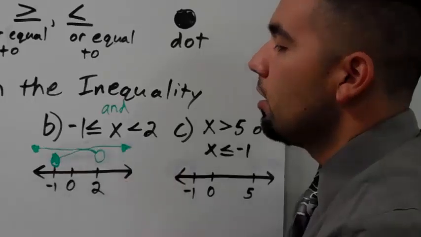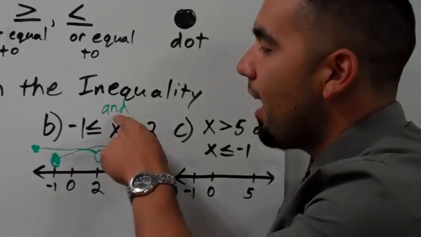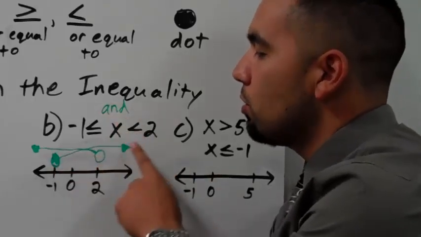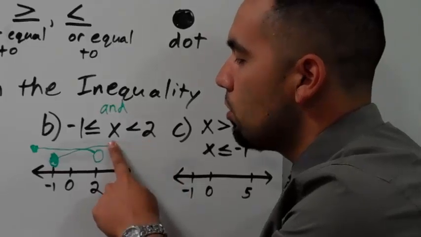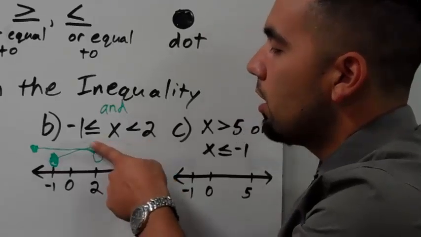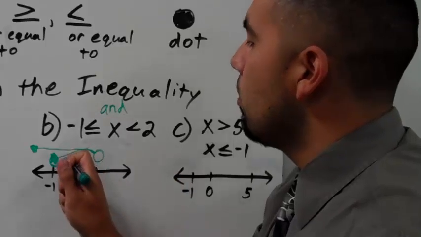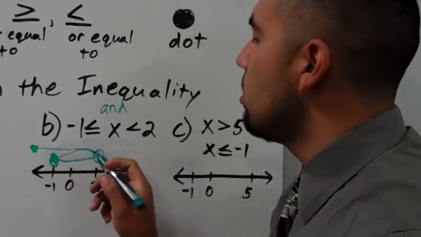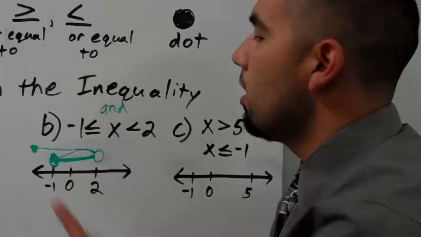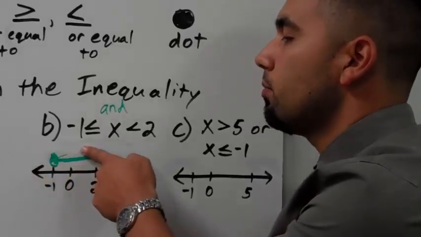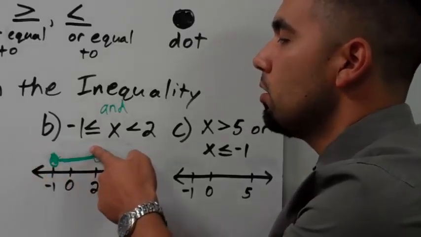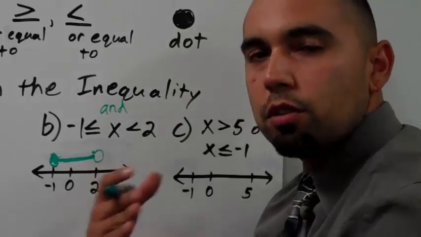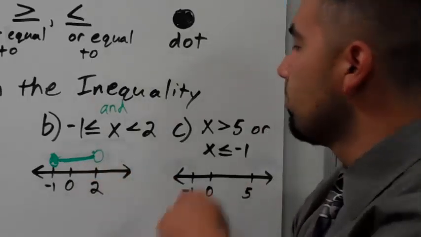So again, they cross each other, and because it's an and statement, it means both of them have to be true. Well, the only place where both of them is true is where the two connect. So I'm actually going to just connect these two. And that is our answer. Okay? So conjunction always goes together. The two meet in the middle.